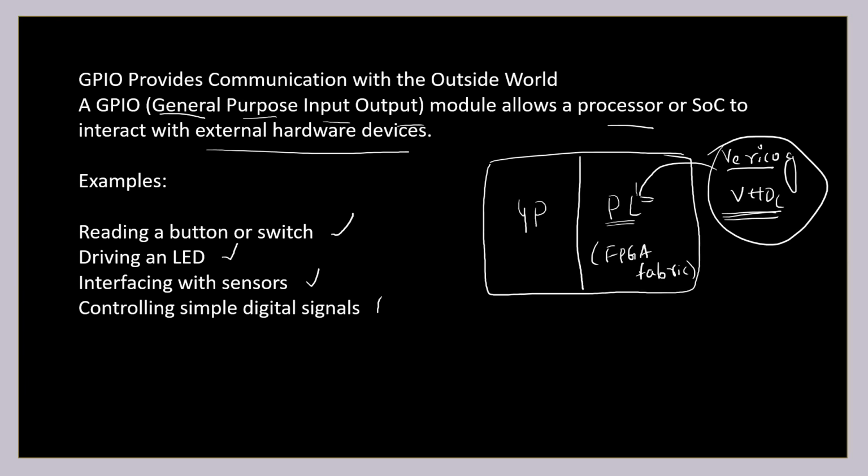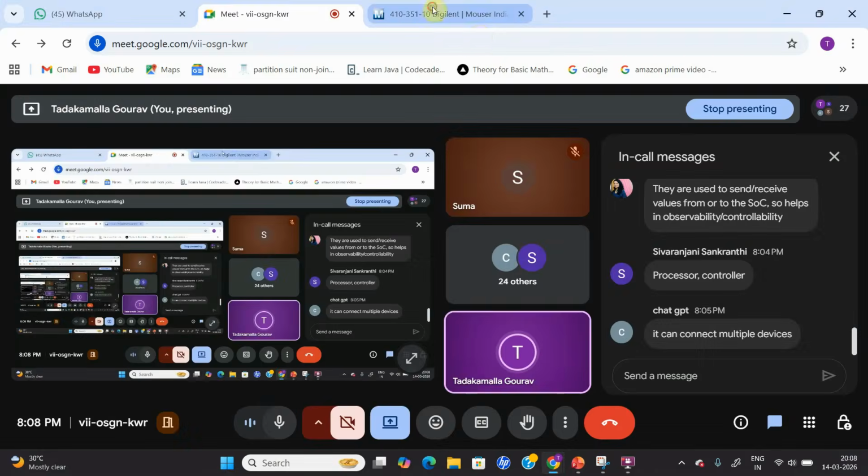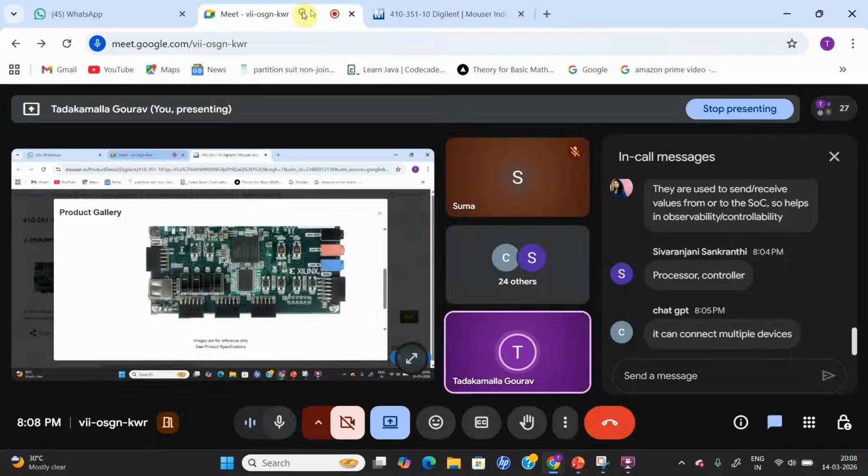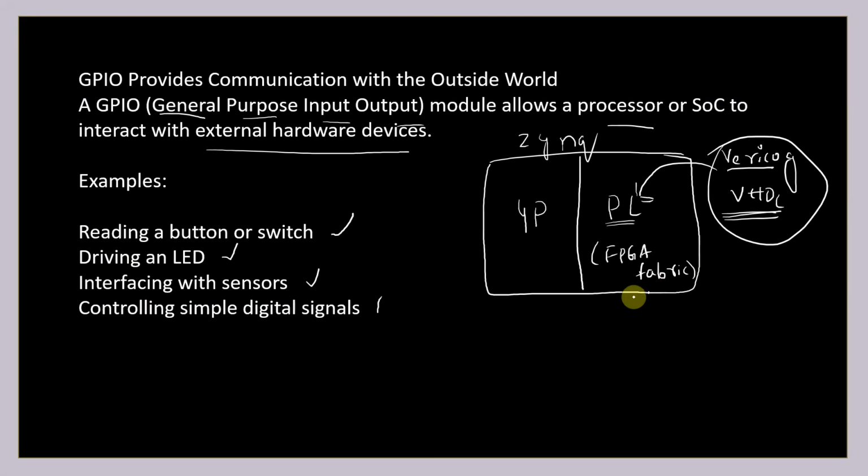Coming back to our discussion, if you look into the Zynq schematics of whatever board you are working with, generally in this Zybo board, which I have shown as an example, we will have GPIO pins. These GPIO pins have a direct connection with our FPGA fabric only.